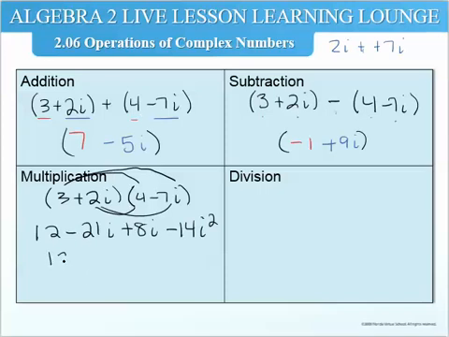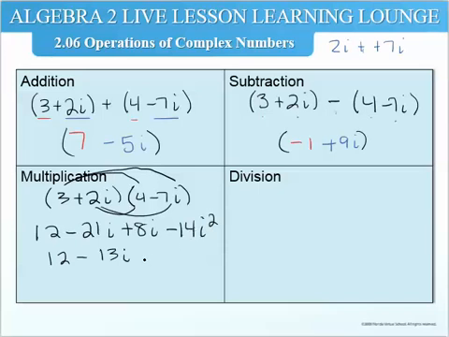Combining like terms, we have 12, and -21 plus 8 is going to be -13, with I included. Now, when we bring down the negative 14i squared, we cannot leave I squared. If this was x squared, that would be okay.